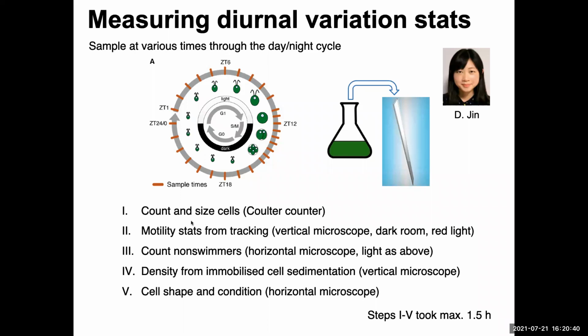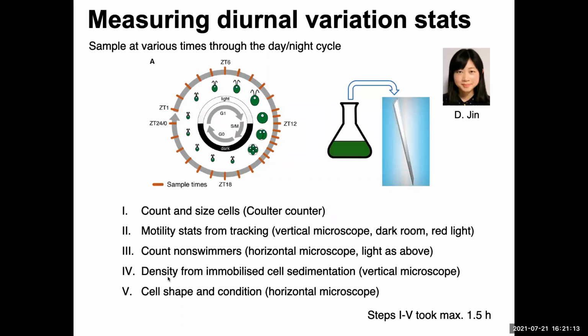In particular, she counted and sized the cells using a Coulter counter. She inferred the motility stats from tracking using a vertical microscope in a dark room with a red light. That's to avoid phototaxis, and the vertical microscope is to parameterize the gravitaxis, as we'll see in a minute. She counted the cells that didn't swim using a horizontal microscope with the light as above.